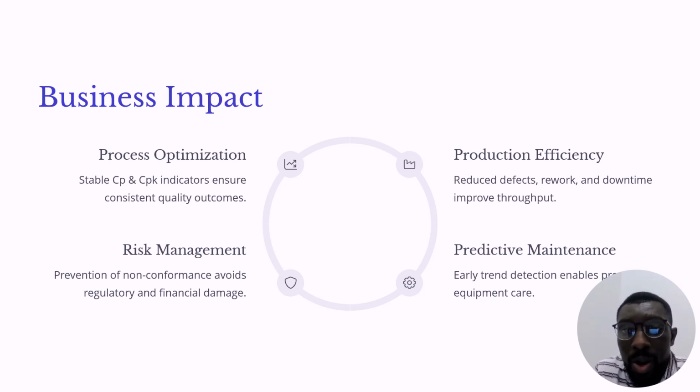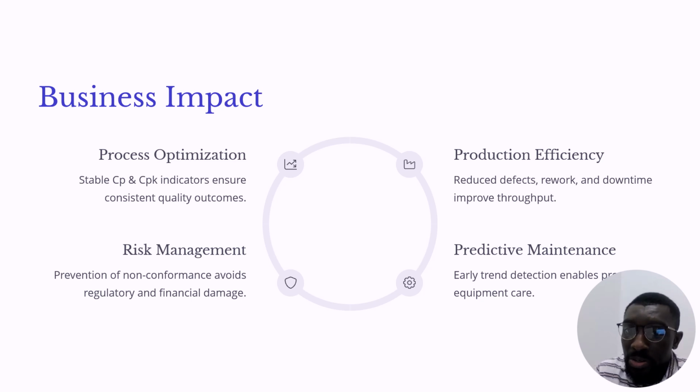So if the quality of data is optimized, it will lead to reduced defects, rework, as well as downtime, which will improve the throughput. And then we can even go further with predictive maintenance.